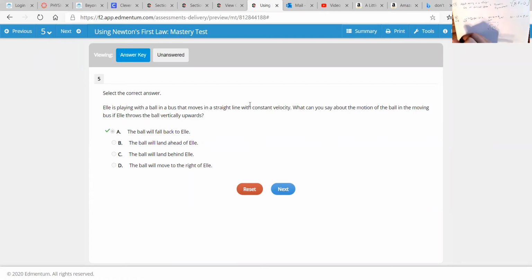Right? So in the tutorial for Newton's first law, we talk about being on a moving bus or a moving car. When you stop the car, you kind of lurch forward. But then when you're stopped and the car moves forward, your body moves backwards, right?